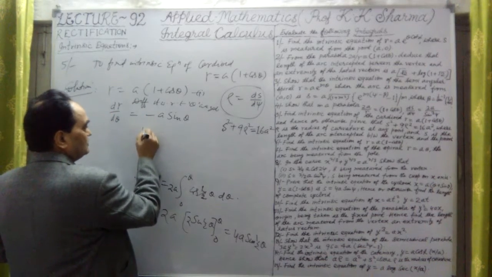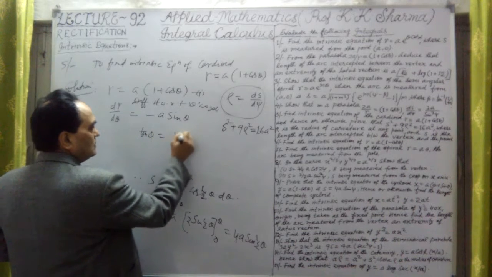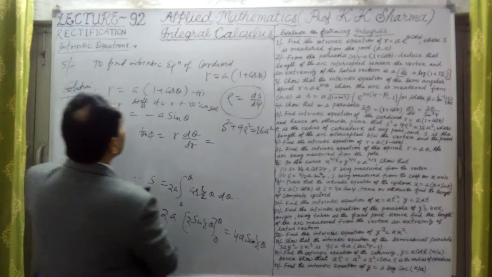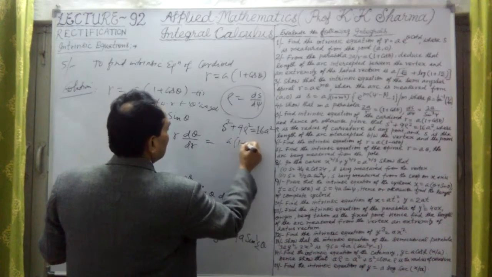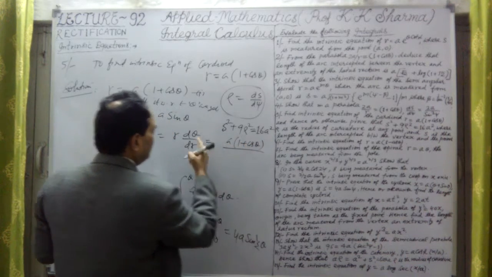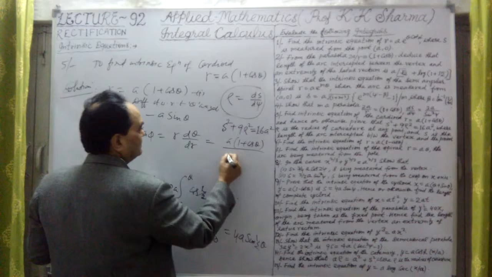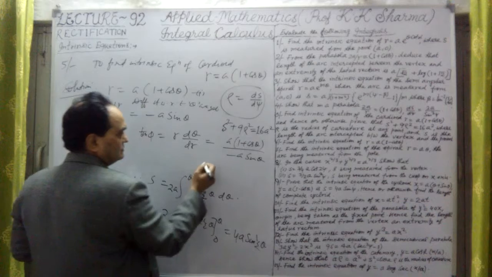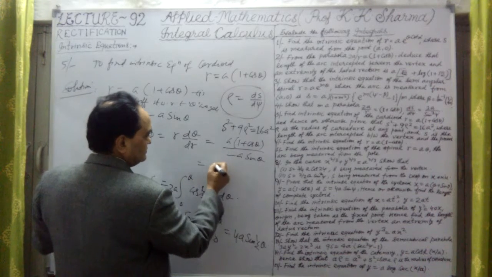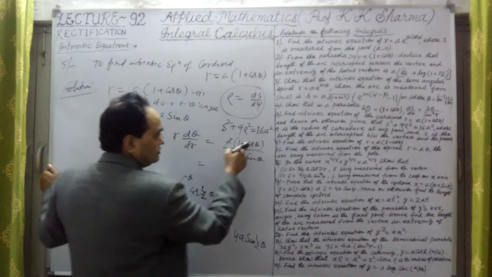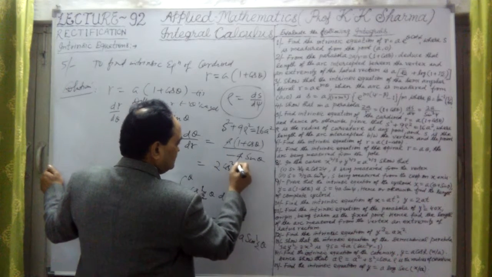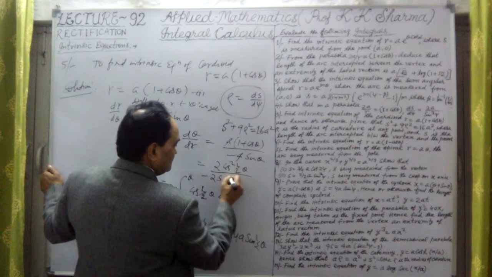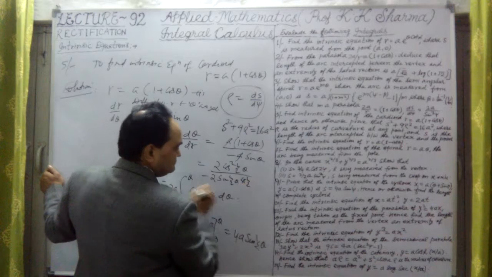Here we know that tan phi equals r into d theta upon dr. This is equal to a into 1 plus cos theta divided by dr upon d theta, and dr upon d theta was minus a into sin theta. That means a cancels out. Now here it is twice cos square half theta divided by minus twice sin half theta into cos half theta.